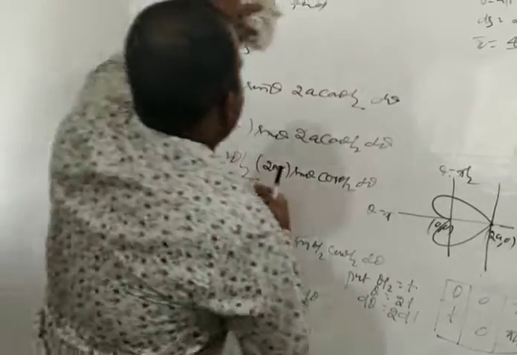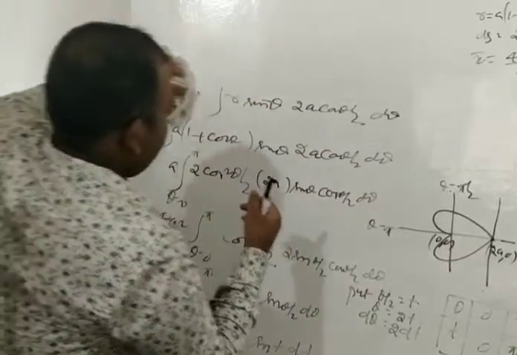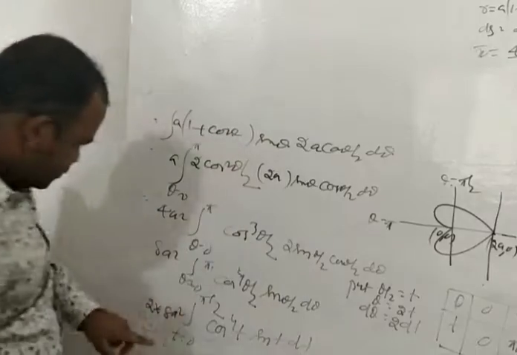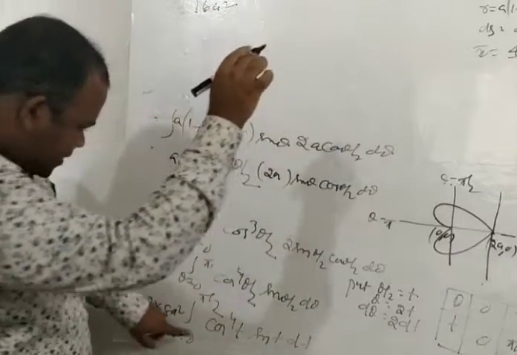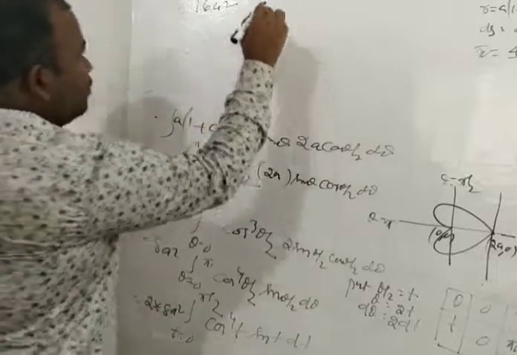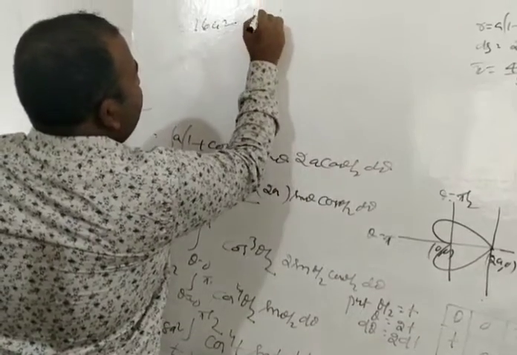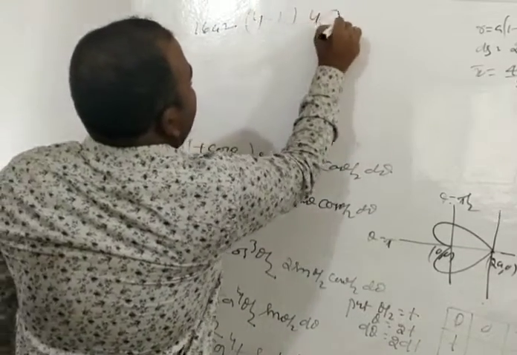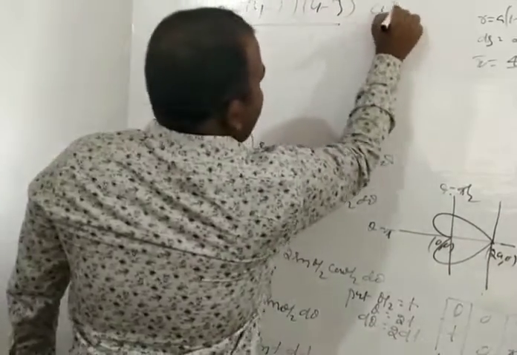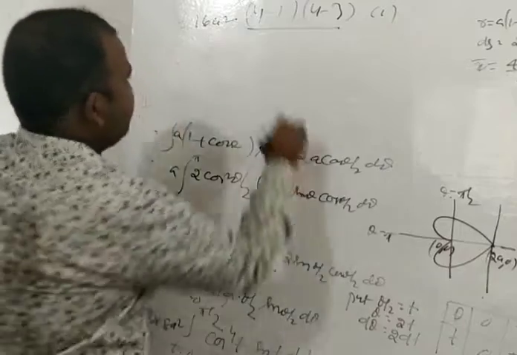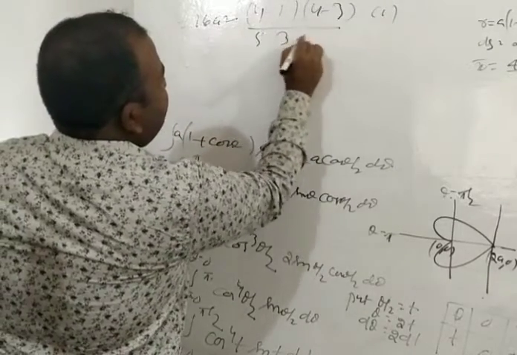Here, 2 into 2 into 8 gives 16, so this is 16a square. This is 4 minus 1, 4 minus 3, and this is 1. This is 4 plus 1, 5, so 5, 3, 1.